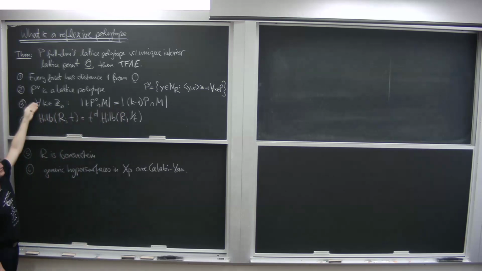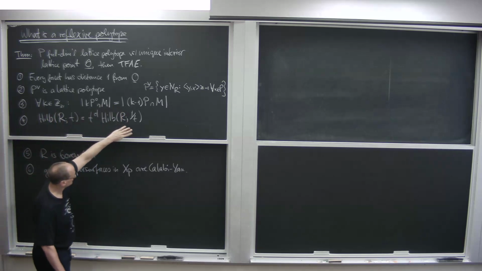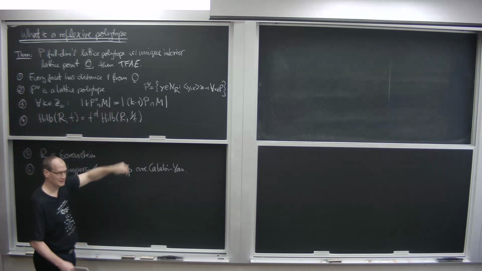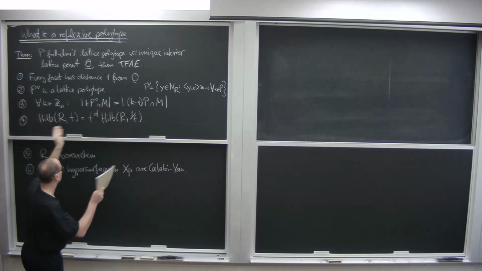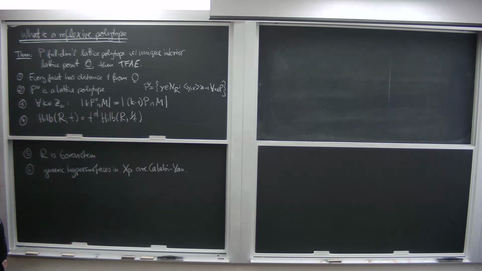So this is just a direct translation into generating functions, and you have this rational function in T. That's the interior lattice points.